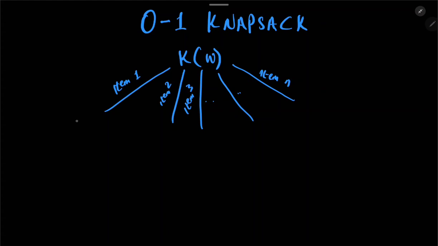Supposing we decide to go with item 1, it means that in our knapsack, we have V1, that's the value for item 1, and this is what we have left if we pick item 1: the knapsack capacity minus the weight of item 1, W1.